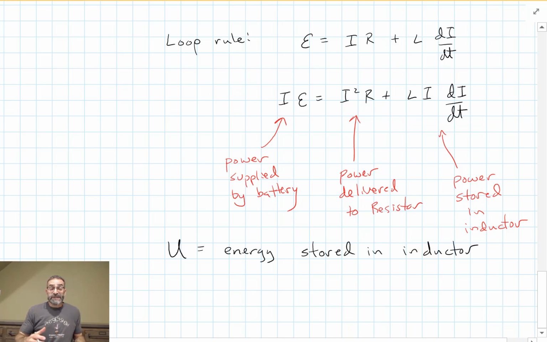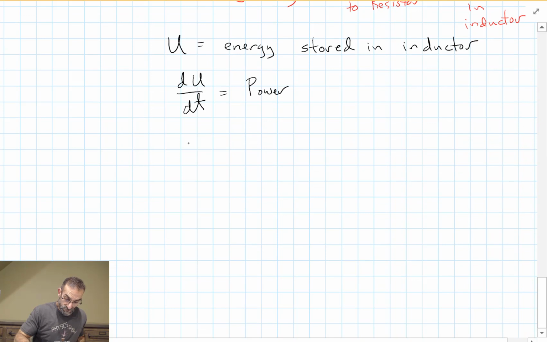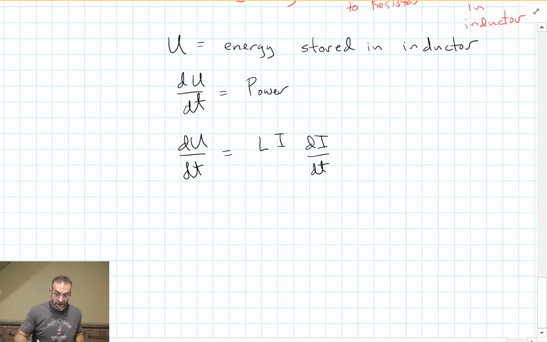So if U is the energy stored in the inductor, the power is dU/dt. And when we solve this, we get U is 1/2 L I squared, energy stored in an inductor.